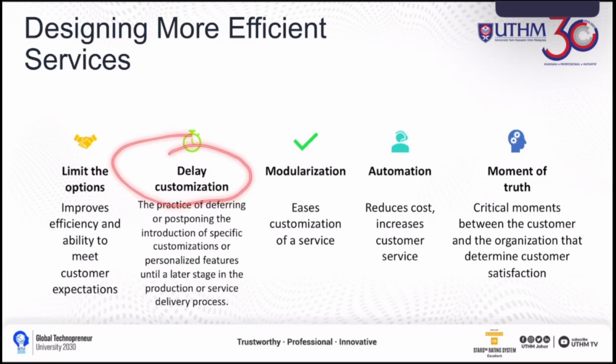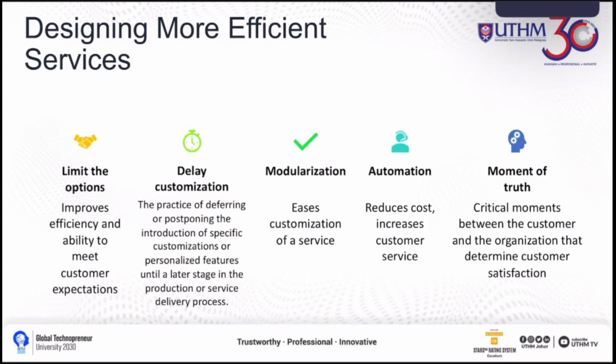Second one is we delay the customizations. So the practice of we defer or postponing the introduction of specific customizations or personalized features until a later stage in the production or service delivery process. Okay, here for example, the scenario, I give you example of restaurants or burger, for example. Okay, so burger. So if you go to the burger stall, so they have default burger like beef burger, chicken burger, egg burger.